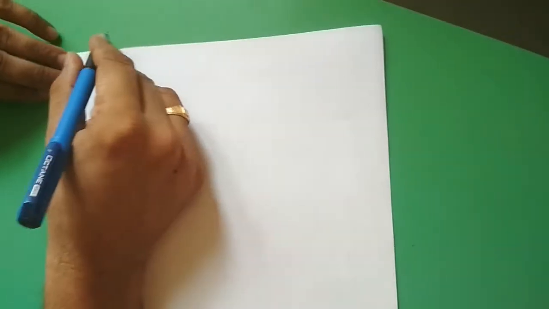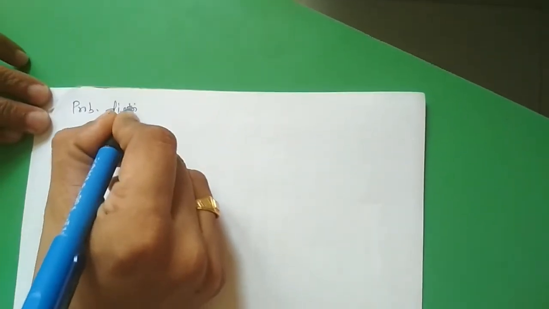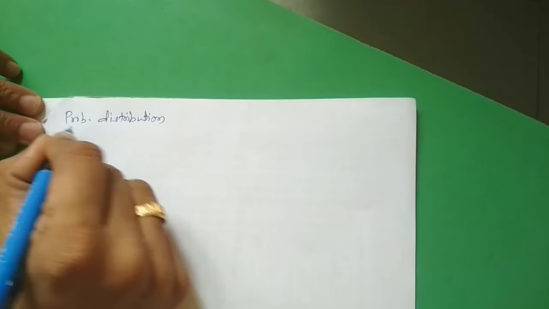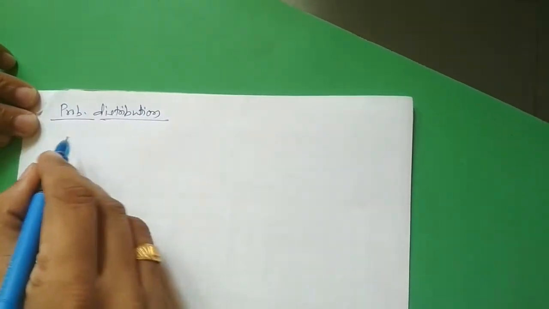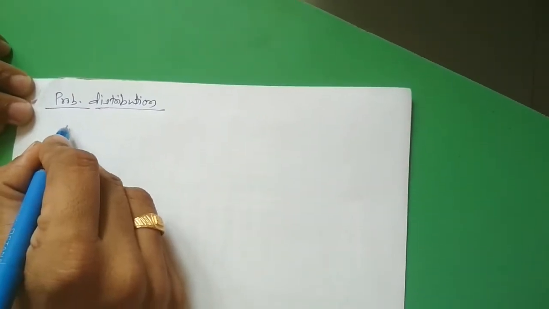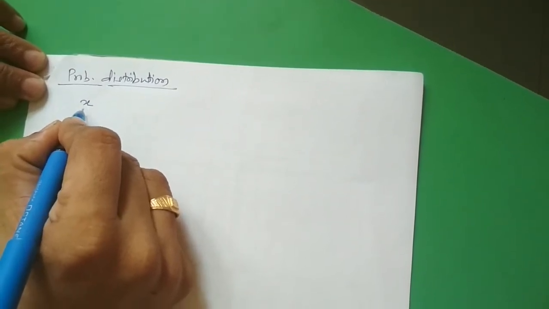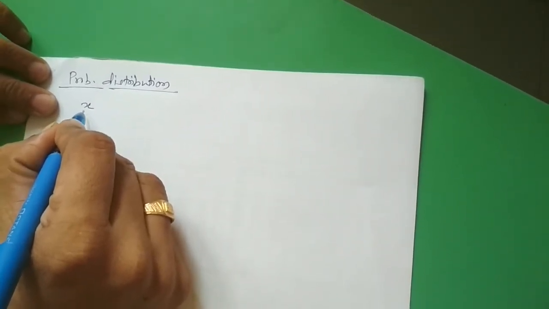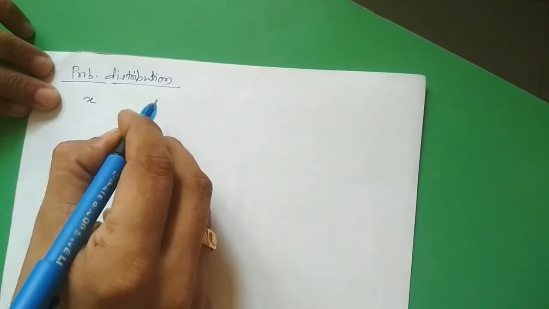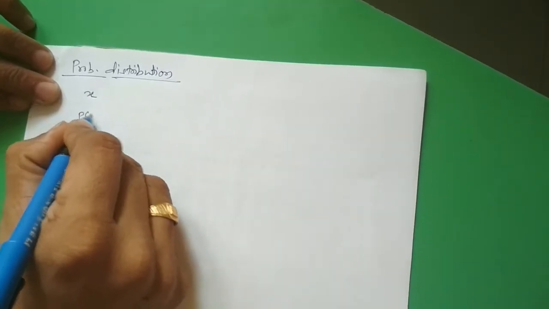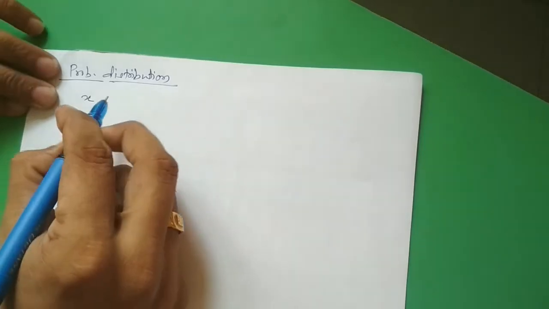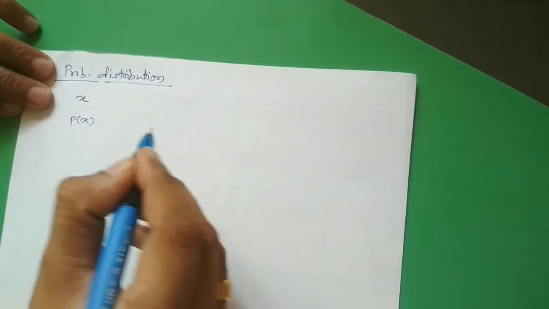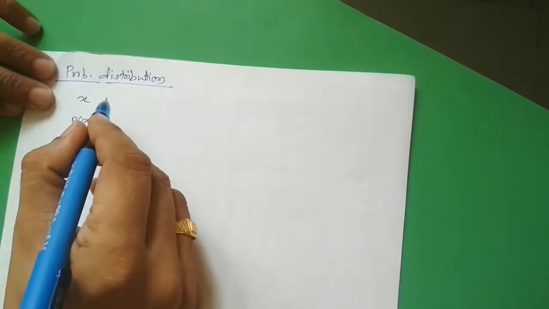In this session we are going to start with the probability distribution. A probability distribution is nothing but a table which consists of two rows. The first row consists of x, where x is the values of a random variable while performing the random experiment, and the second row is p of x, the probability for that respective value.